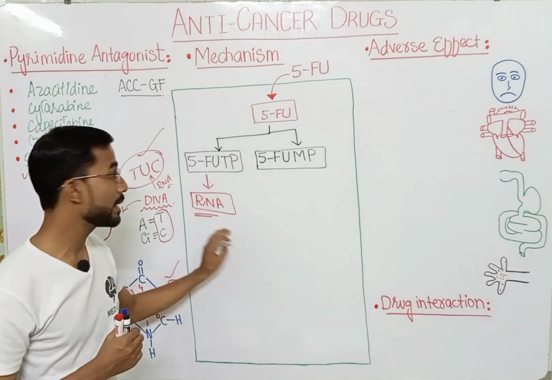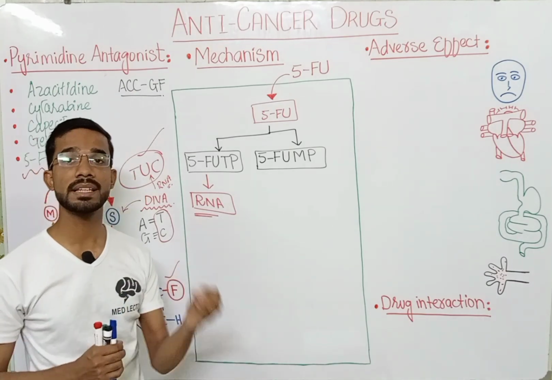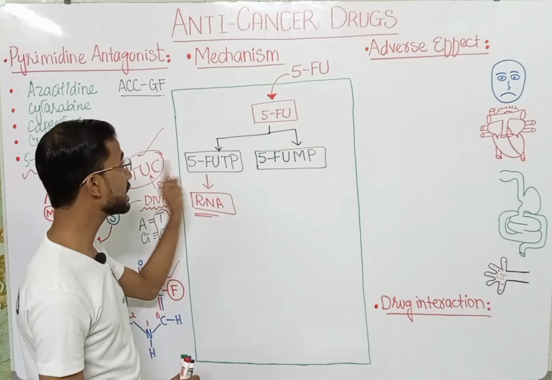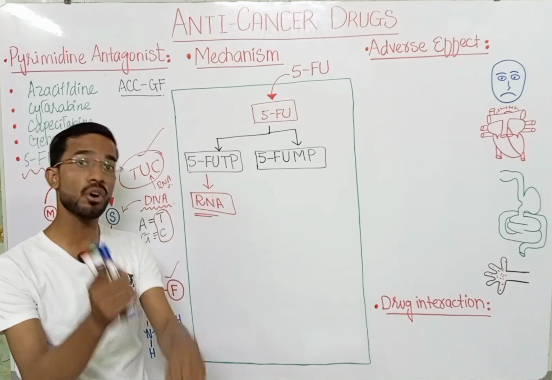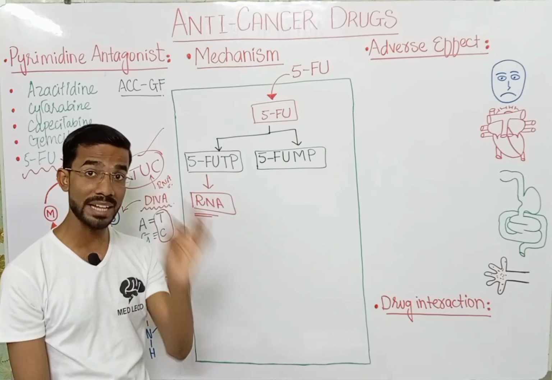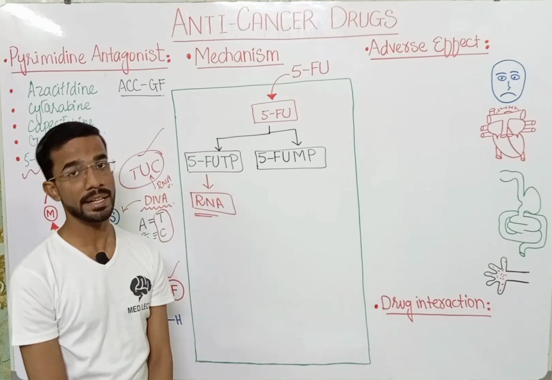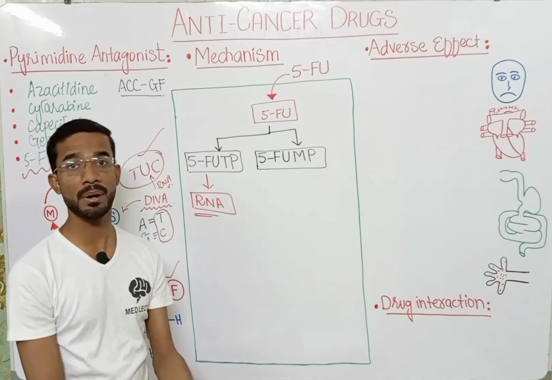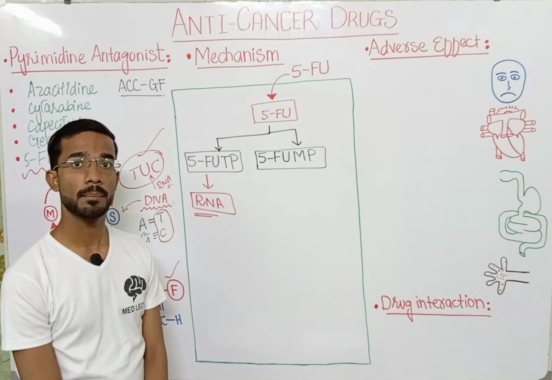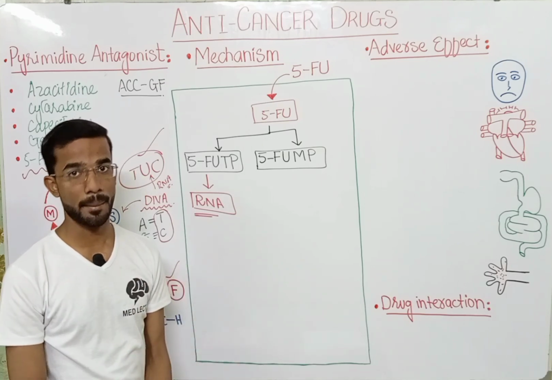Why? Because RNA requires the simple uracil, but in this situation it is 5-fluorouracil. The fluorine atom hinders the normal functions of the RNA. Now the RNA has been blocked or is abnormal.